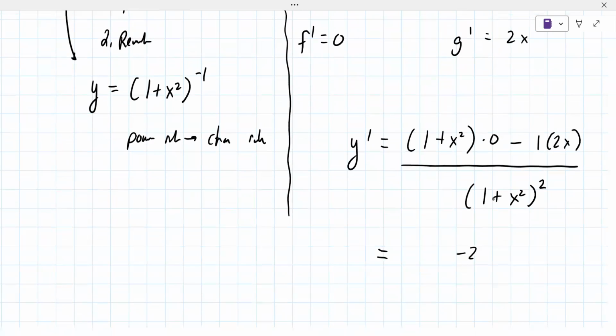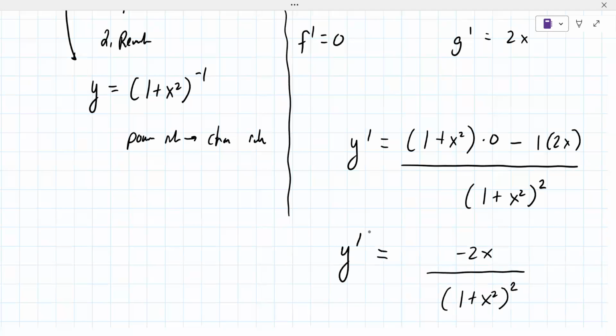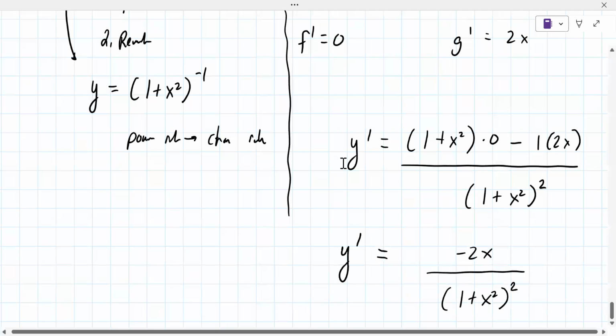So it becomes minus 2x over 1 plus x squared squared. All right, so that's the first way.